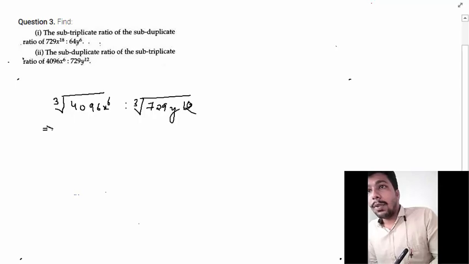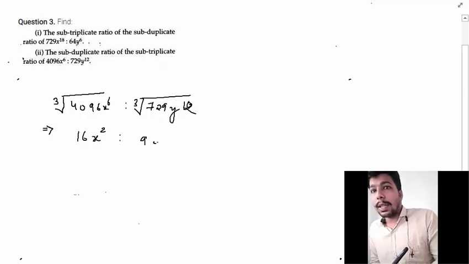So 4096 is the cube of 16, so it is 16x squared. Okay, then 729 is the cube of 9, so 9y raised to the power 4. So these are the subtriplicate ratios.